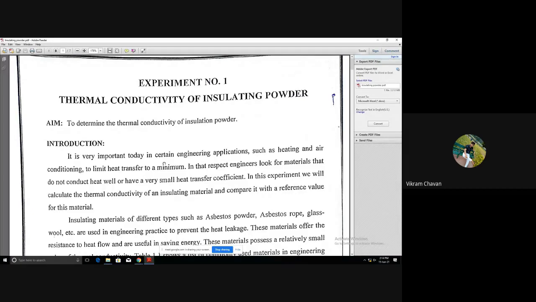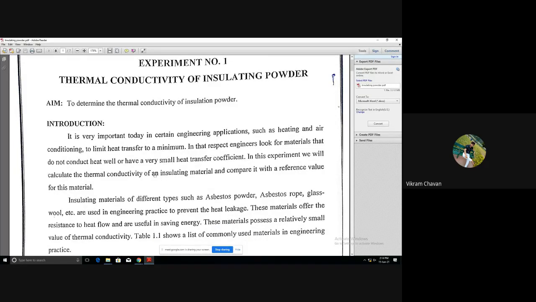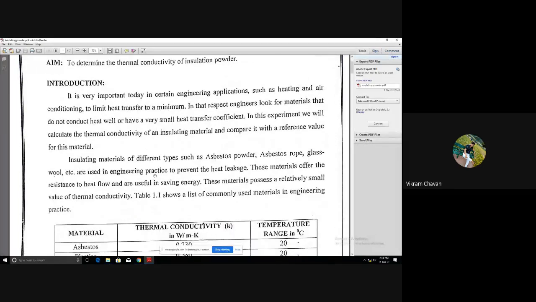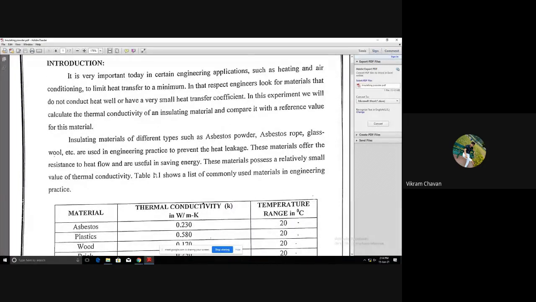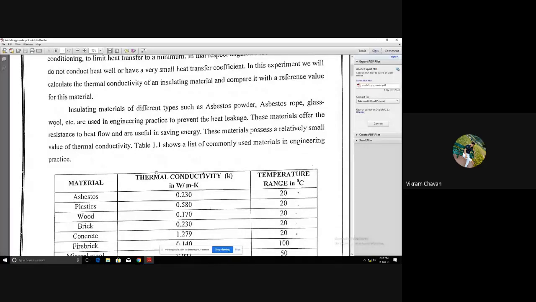We discussed in the first chapter that an insulating material provides the maximum resistance to heat conduction. So insulating materials have very low thermal conductivity.